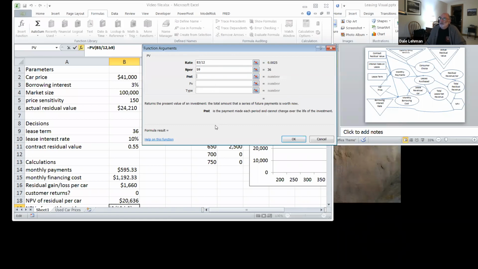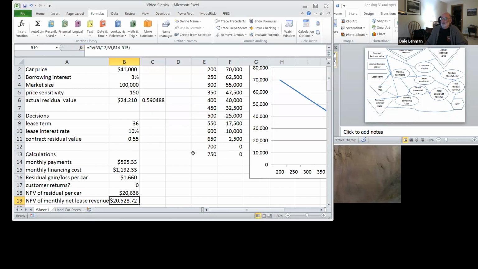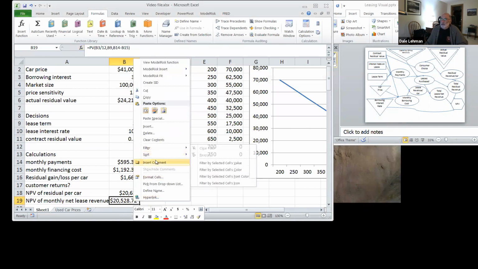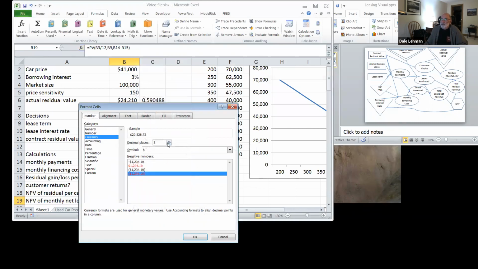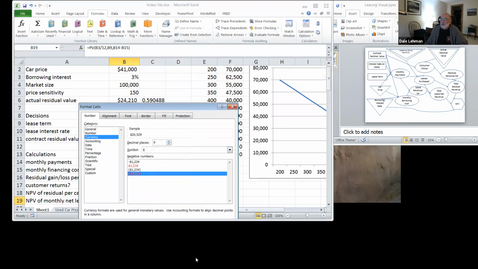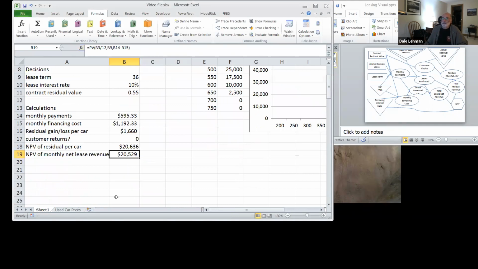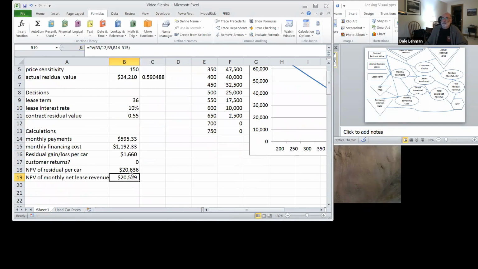And the payment is the difference between those two monthly payments, B14 minus B50. And let's get rid of the cents. It's easier to look at that way.